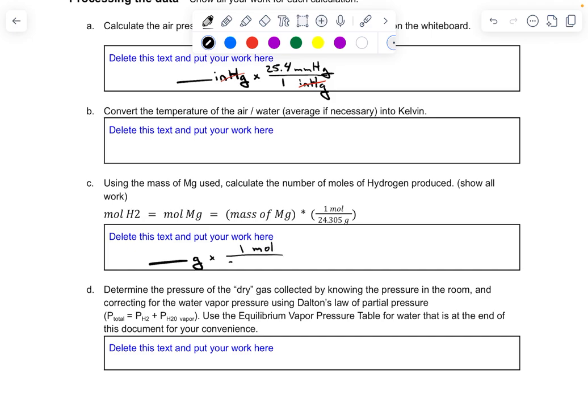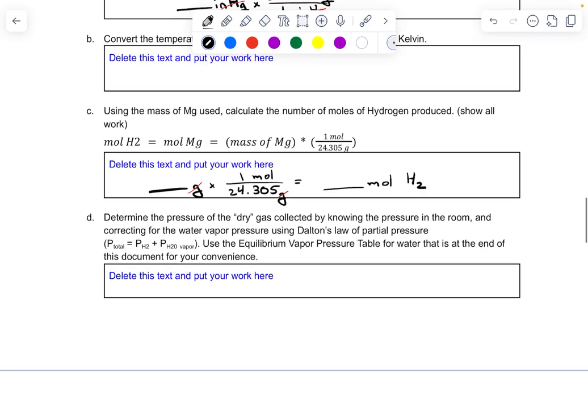I know we haven't gone over mole to gram conversion, so that's why I'm just giving it to you. That'll cancel out grams. And whatever you get is your moles of magnesium, which is the same as the moles of H2, which is what you'll need for the set of calculations that follow. So hopefully you're able to do that with whatever number you got for your grams.